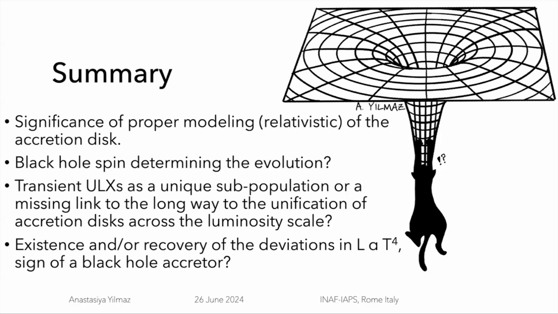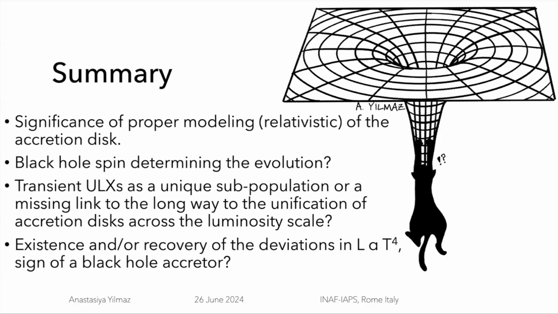Now transient ULXs are a kind of unique subpopulation of known binary systems emitting in X-rays. That's why I wanted to include the ULXs in the X-ray binary population. They are a very unique subpopulation we need to study, but maybe they might also be the missing link that we need to explore if we want to unify the accretion phenomena across different compact object mass and luminosity scale.